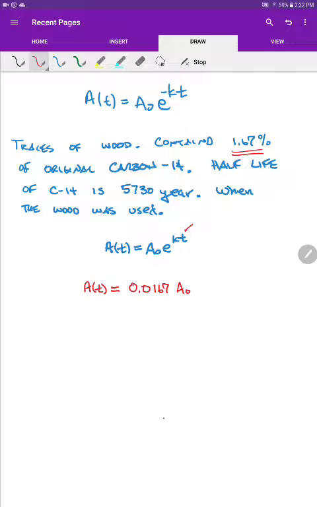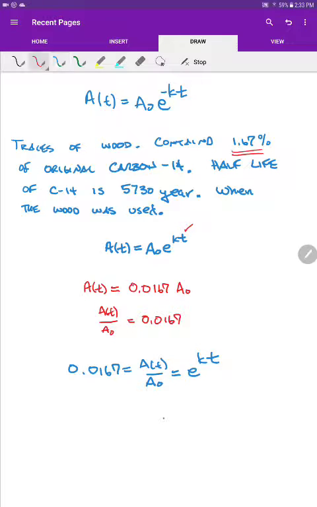So we can then set this up as A of t over A0 equals 0.0167. And now our equation becomes 0.0167 equals essentially A of t over A0, and this is going to equal e to the kt.